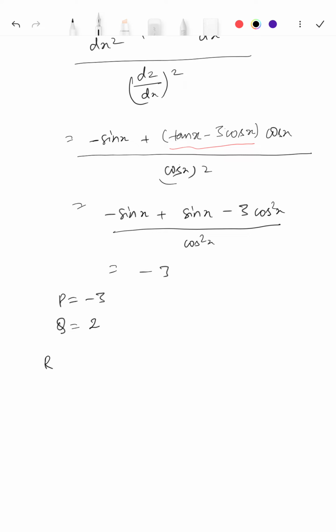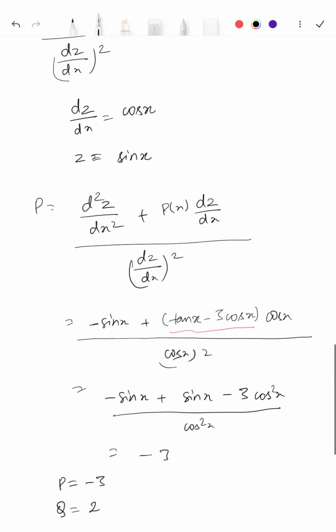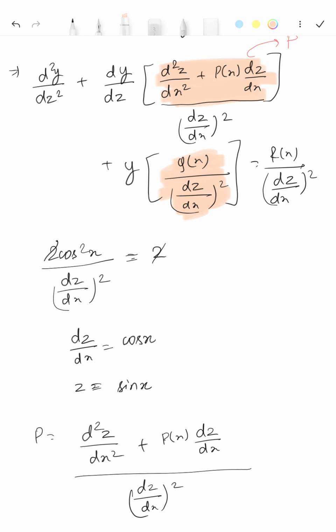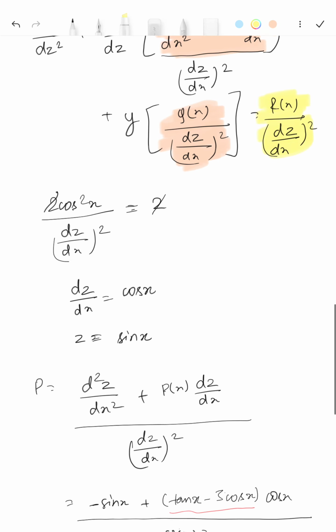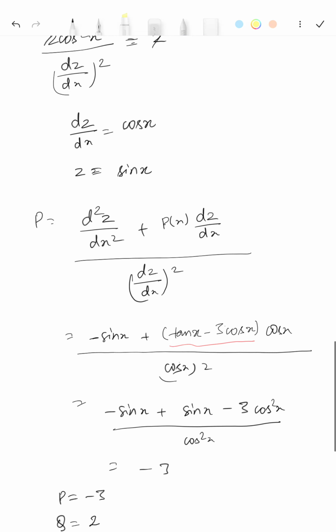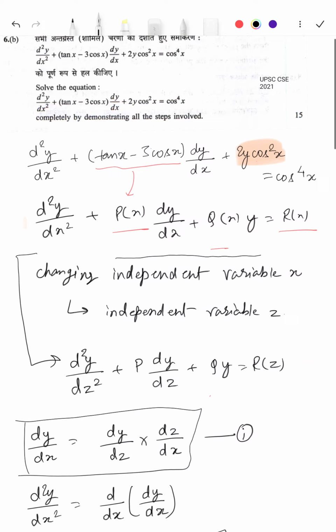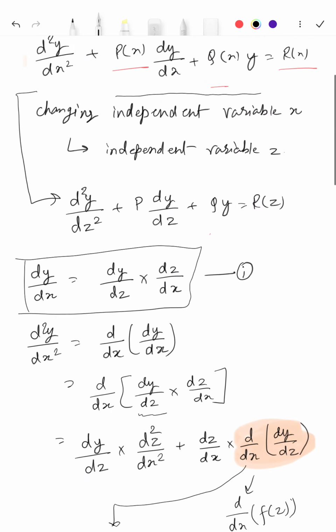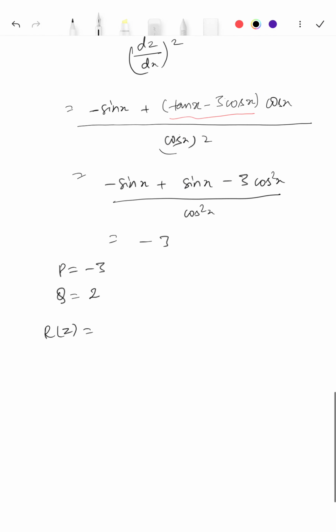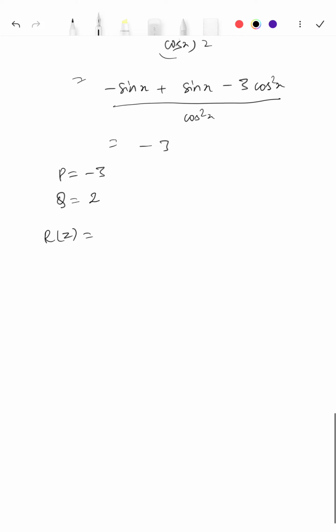Now let's calculate my r. R as a function of z is equals to the term over here. This is my r, the yellow term, that becomes rx by (dz by dx) whole square. What is our rx? From the initial equation, our rx is cos to the power 4x. So this becomes cos to the power 4x by (dz by dx) whole square.